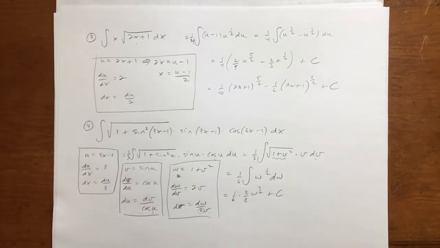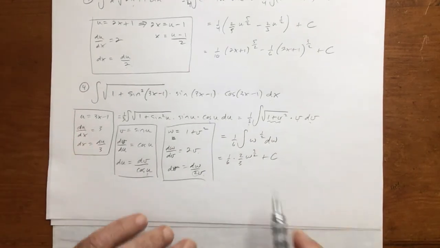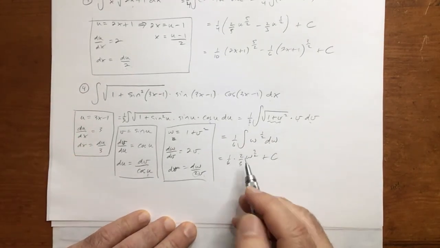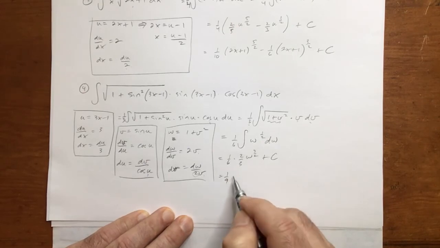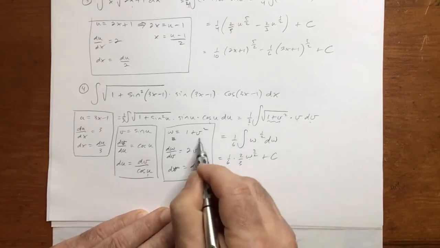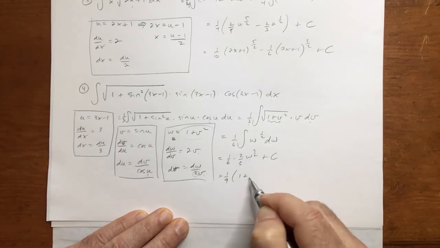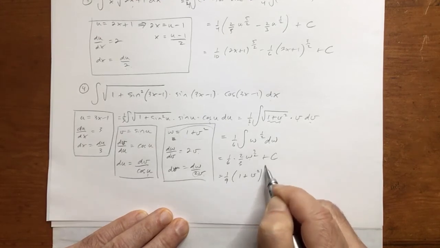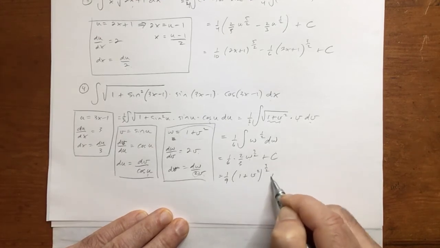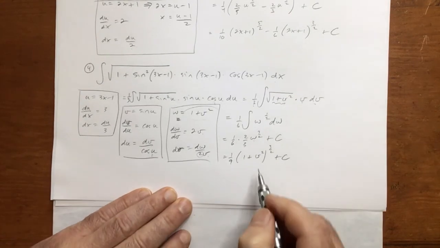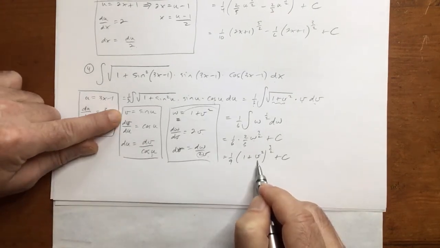But now we have to undo all of these substitutions. Okay, and so I get 1/9. w was this right here. So I have 1 plus v squared to the 3/2 plus big C. But v was sine.